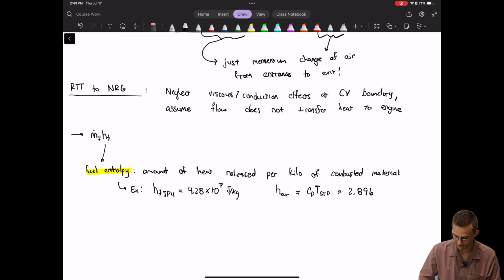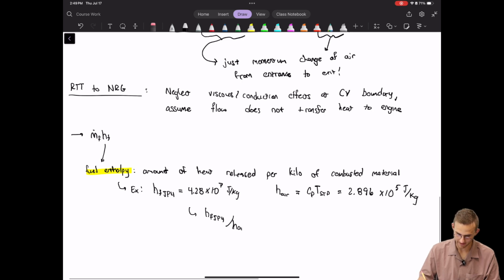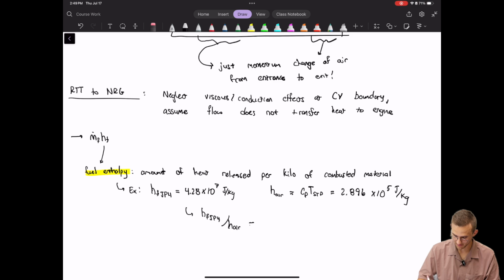This is not fuel enthalpy, I should say. This is just the enthalpy of air, period, at standard temperature and pressure. Assuming air is behaving like a perfect gas, this is how much energy content regular air has. And so if you take the ratio of JP4's fuel enthalpy to the latent enthalpy in air, it's 148. Right, which basically just tells us that hydrocarbons have a remarkably high energy content.